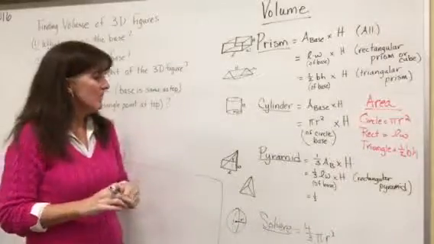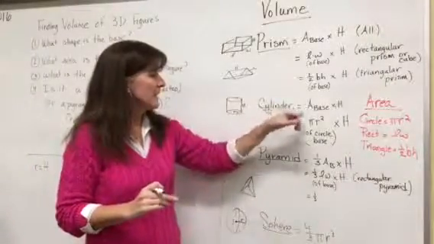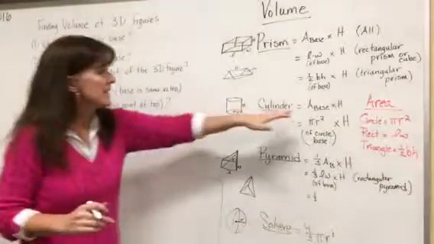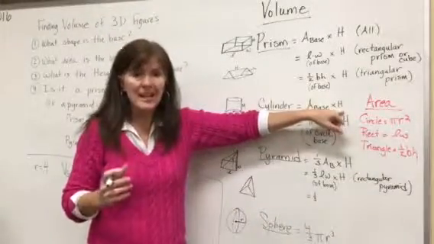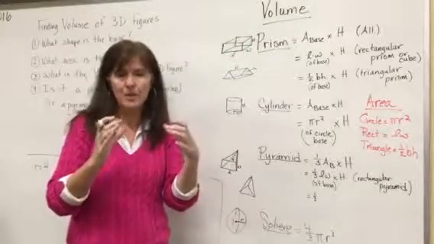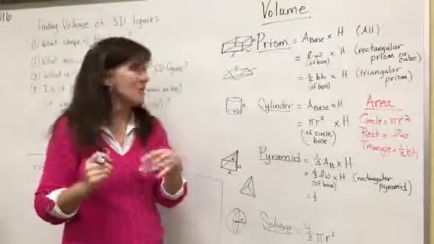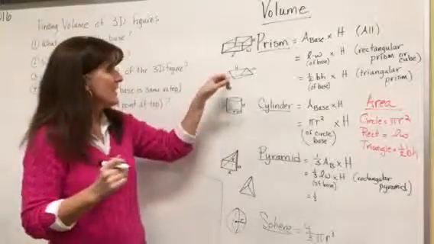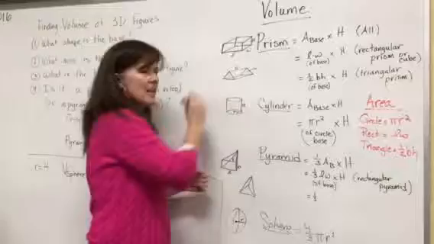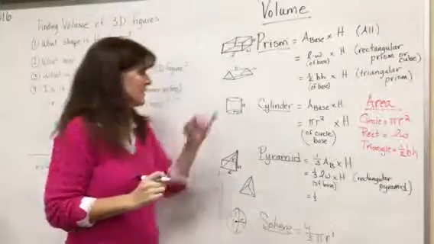What you're going to do is figure out the area of the base first, and then you're going to multiply it by what I like to call big H. It's the height that makes the figure three-dimensional. So it's that third dimension. If this is the base, the triangle, just that triangle alone is 2 dimensions, right?